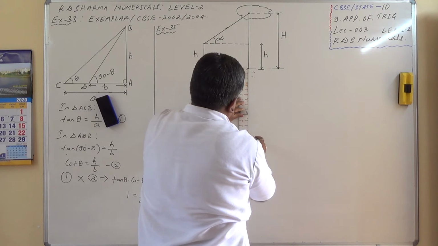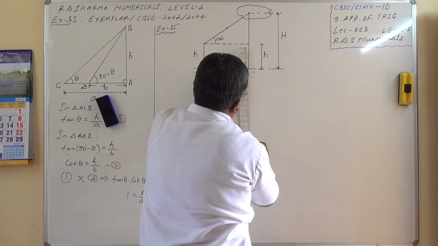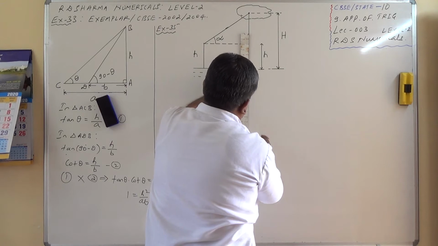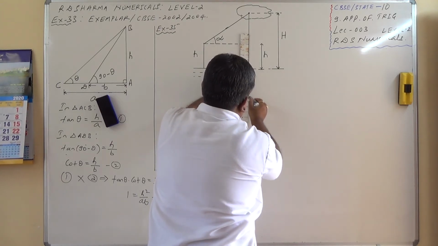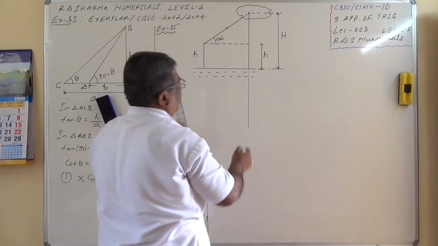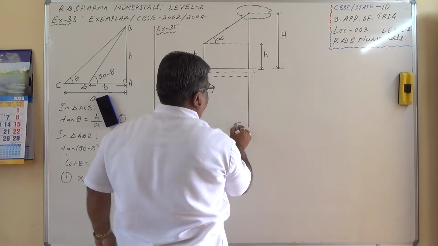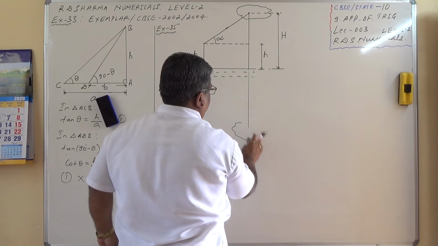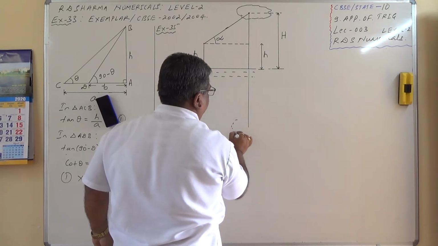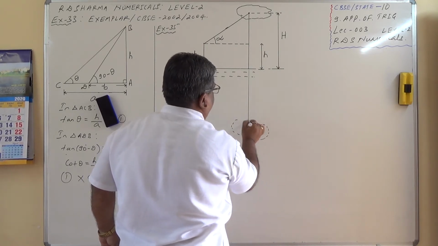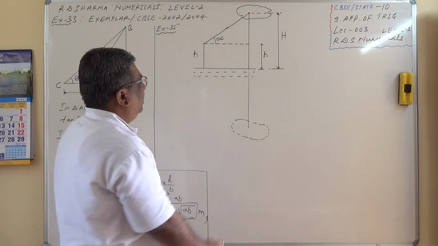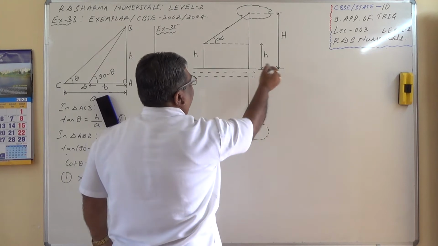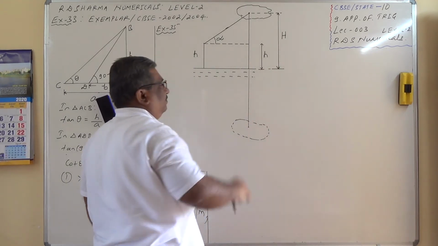So let me draw that here. At this distance the image is formed, something like this. This is the image or reflection of the cloud, at the same distance, H above and H below.